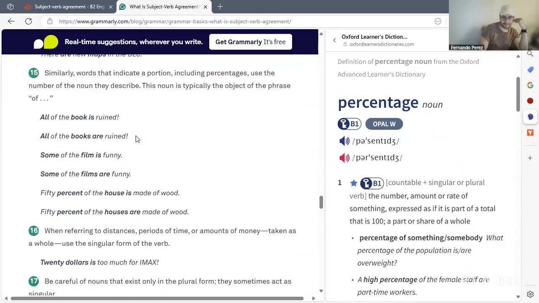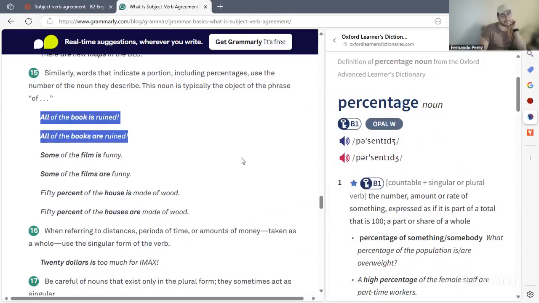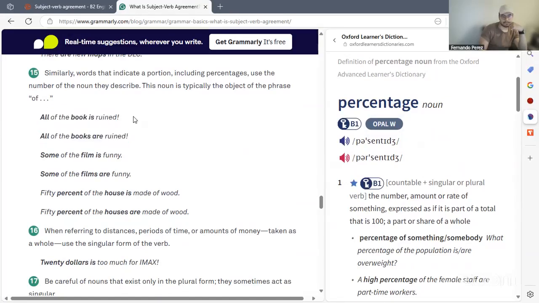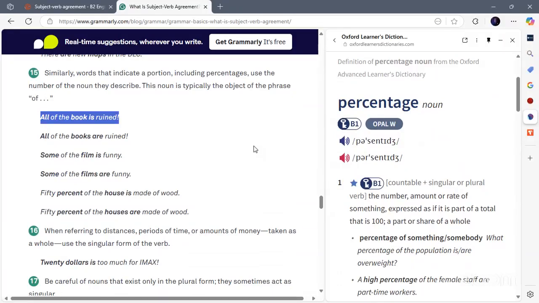But what about the other two examples? What do you think all of the book is? All the book is ruined. I mean, you said all the book.